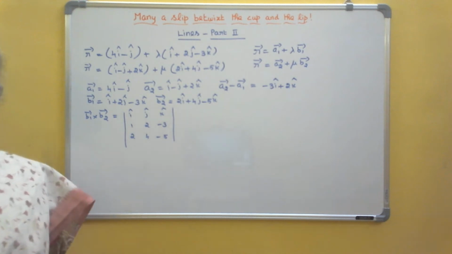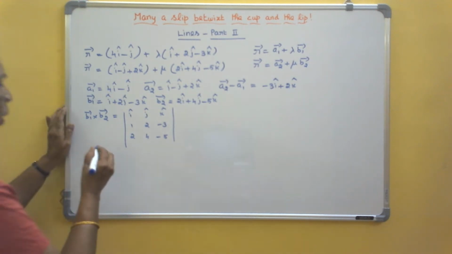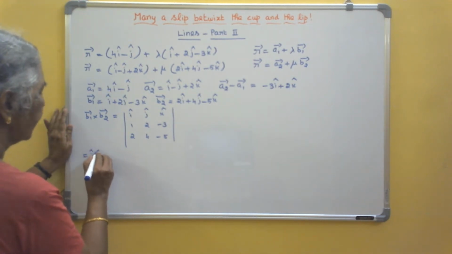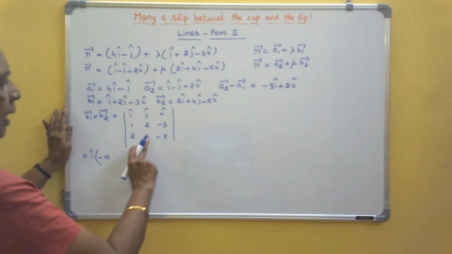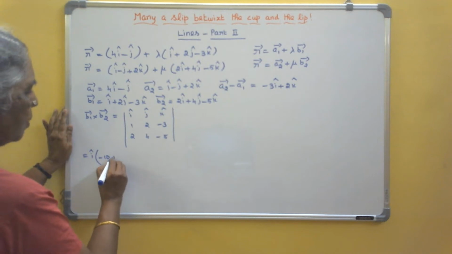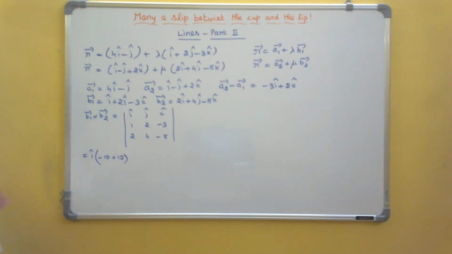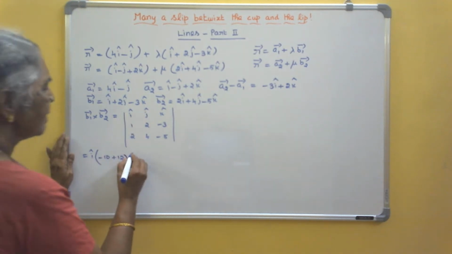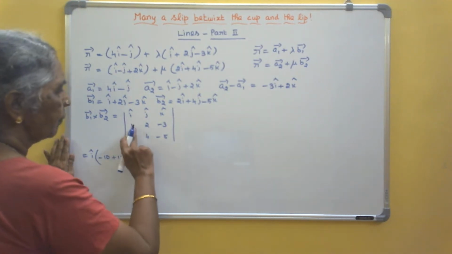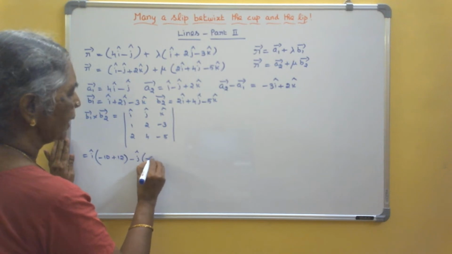Now we have to expand the determinant. So what will I get now? i cap bracket 2 into minus 5, I will get minus 10. Minus of minus 12, so I will get plus 12. Okay, hope you remember the determinants. Right. Now minus j cap into 1 into minus 5 is minus 5.